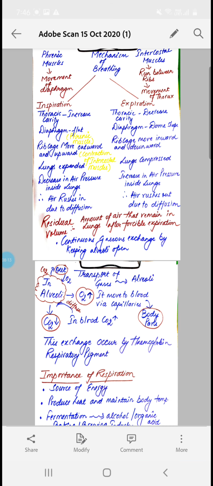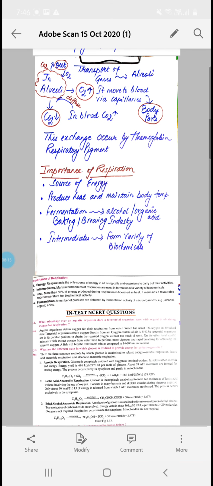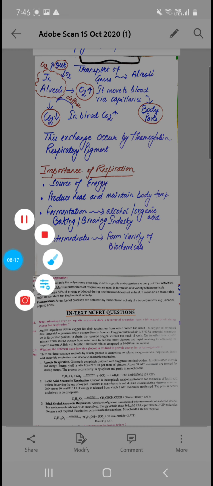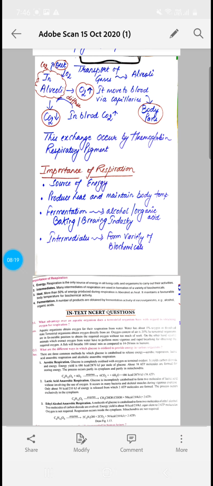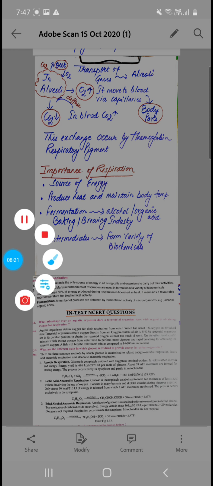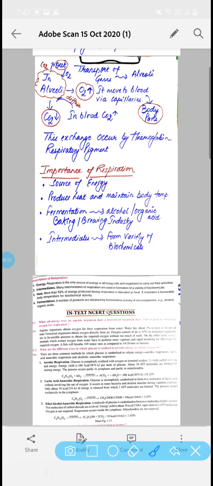Now come to the next topic, that is the transport of the gases. Now we all know that if we are talking about the respiration process or breathing process, we generally inhale the oxygen and exhale the carbon dioxide gas. And what is the site of the transport of gases or exchange of gases?